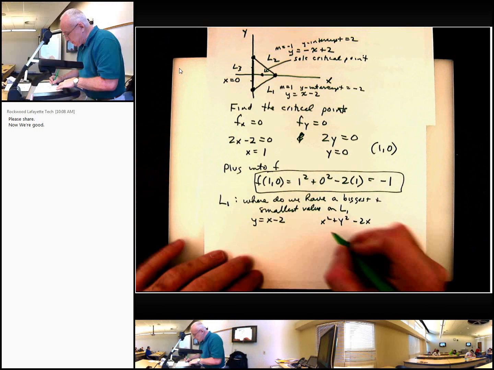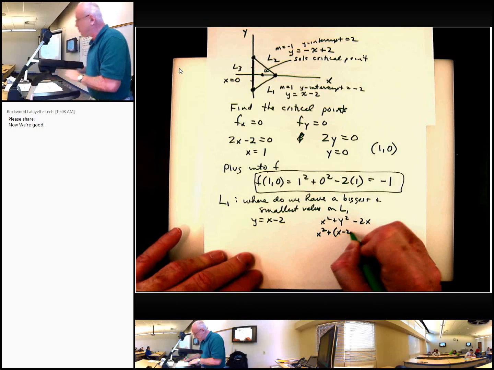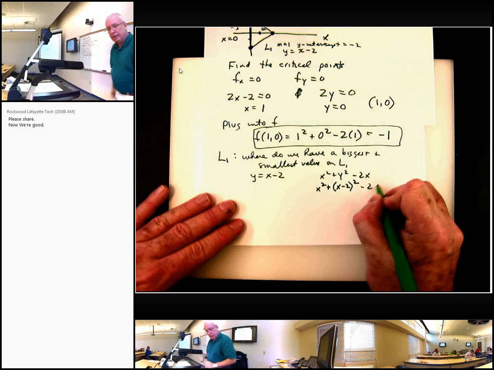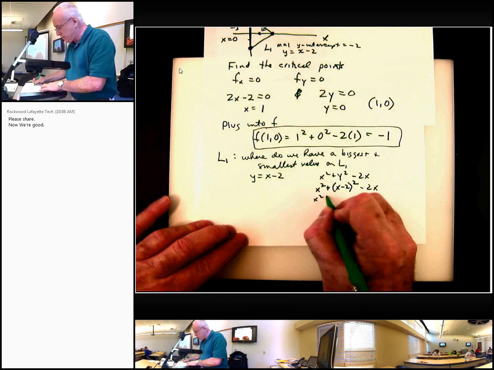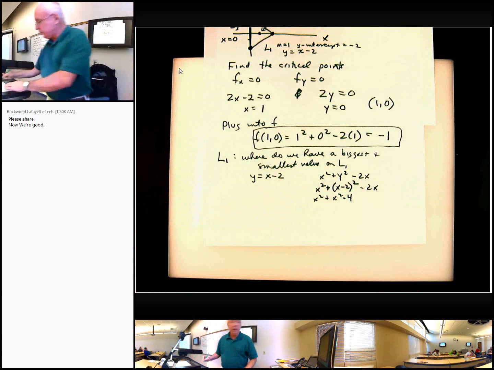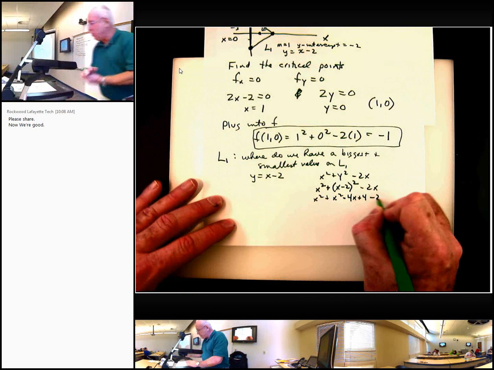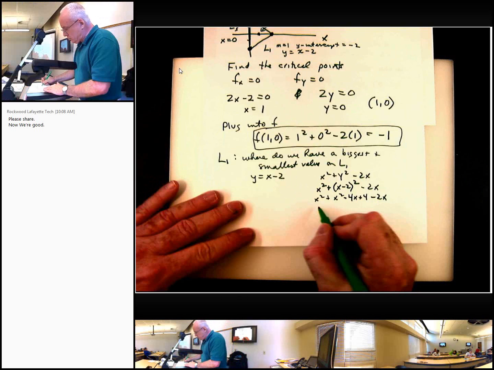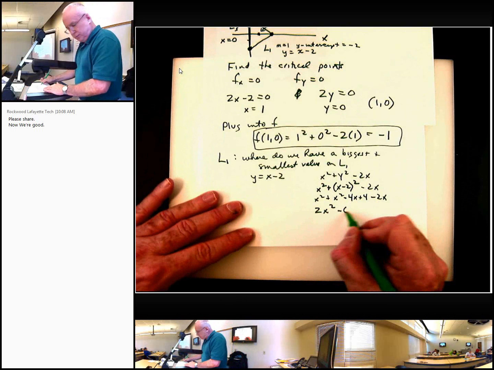That gives us x squared plus, in parentheses, x minus 2 squared, minus 2x. Let's FOIL that out and combine terms: x squared plus x squared minus 4x plus 4 minus 2x, and combining like terms, I get 2x squared minus 6x plus 4.